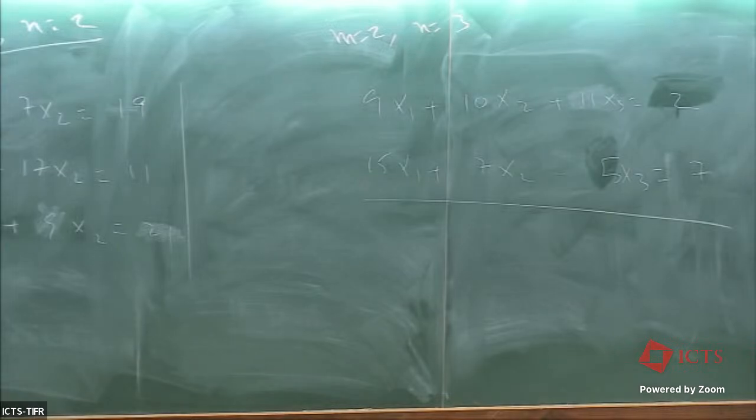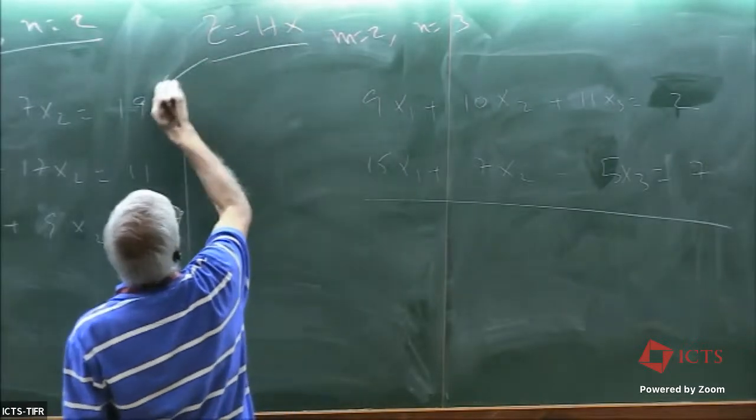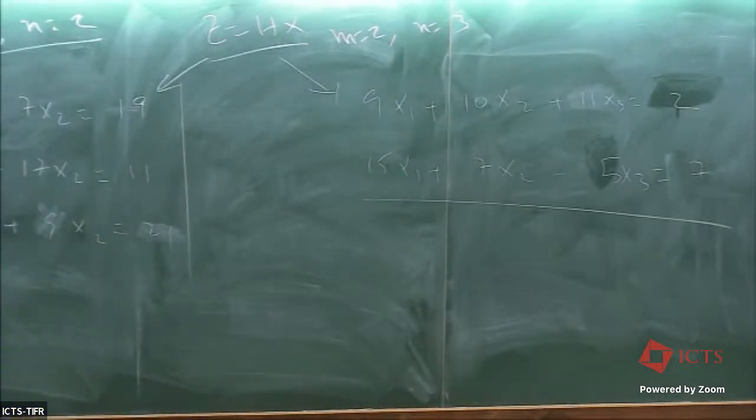So when you formulate the problem, your z is equal to h of x. Must either look like this or must look like this. As an example. Everybody? Come on, guys.